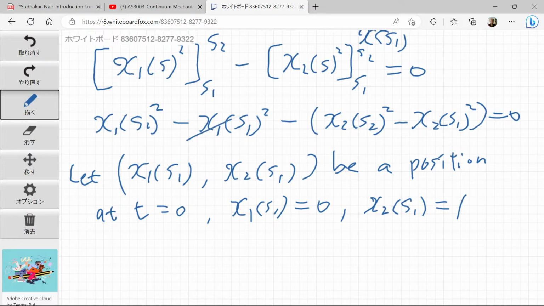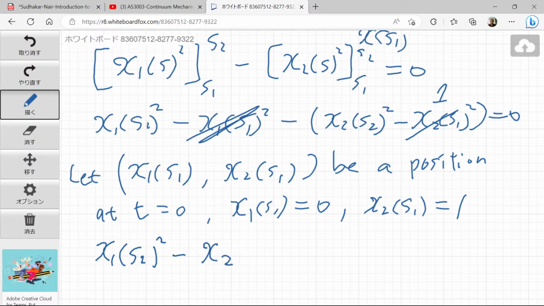So this is 0, this is 1. So x1(s2) square minus x2(s2) square equals minus 1.